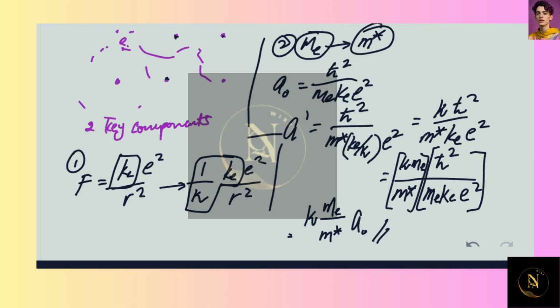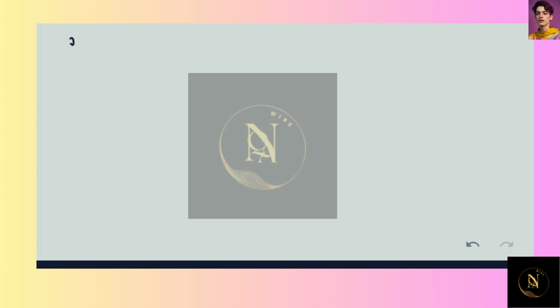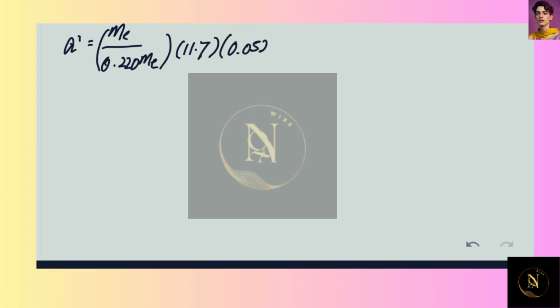Now to substitute in numerical values to evaluate this expression. We are given the effective mass is now 0.22 times the electron mass, and then we multiply this by kappa, which is given as 11.7, and of course the Bohr radius, which is 0.0529 nanometers.